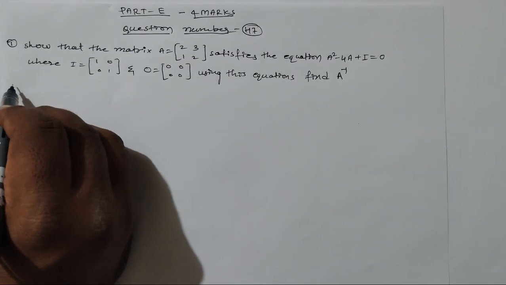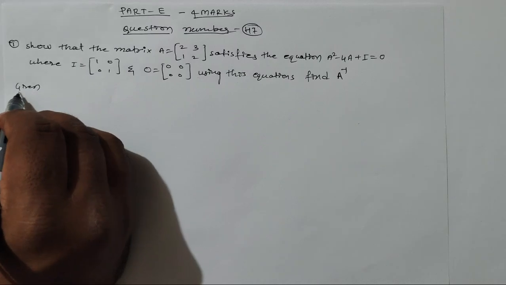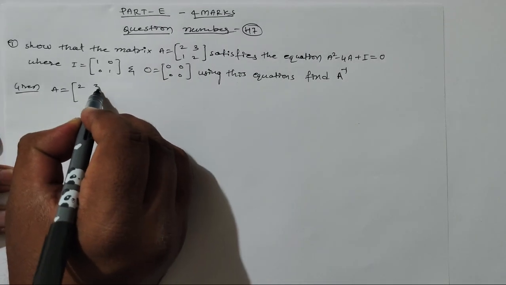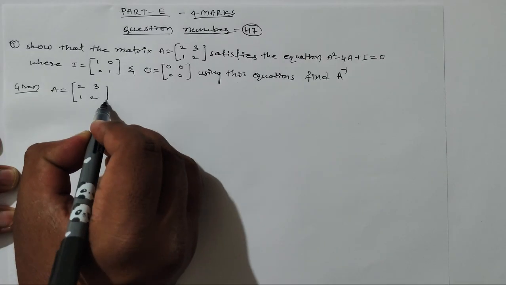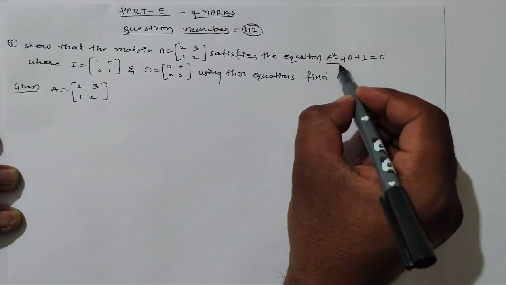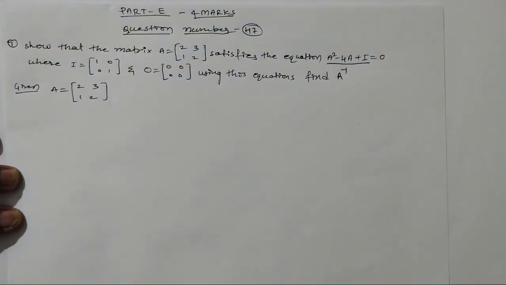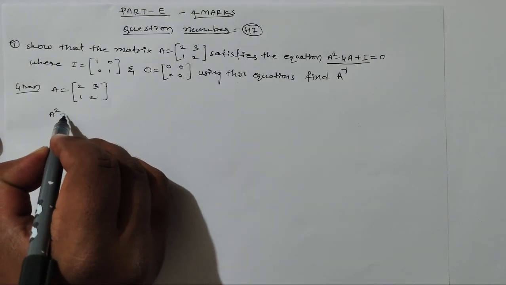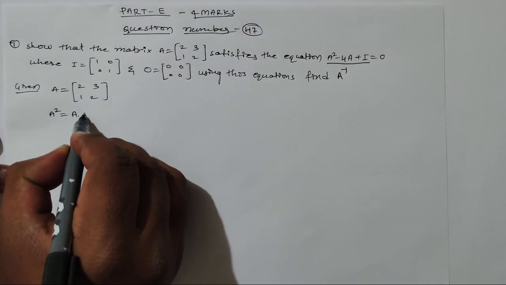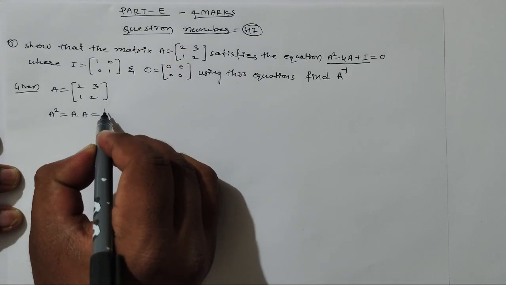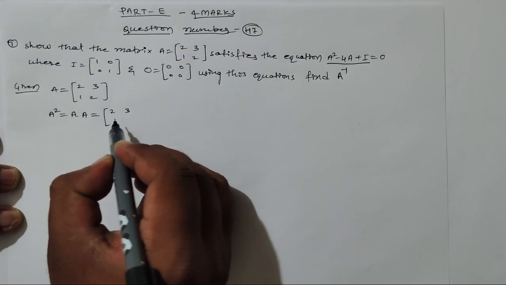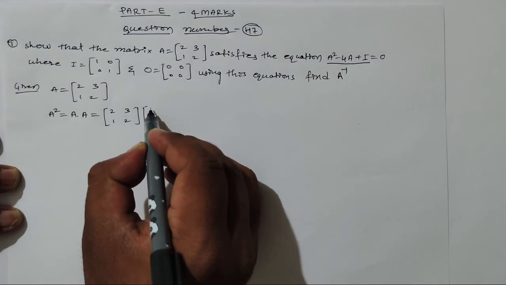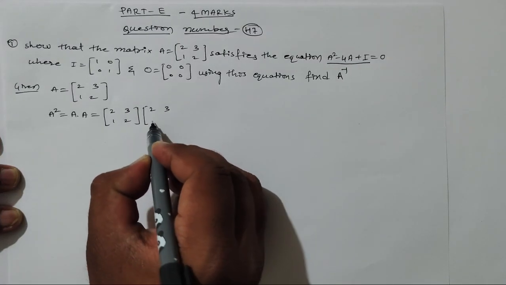So given matrix A equal to [2 3; 1 2]. First you find A square. A square means A into A, right? So [2 3; 1 2] into [2 3; 1 2].